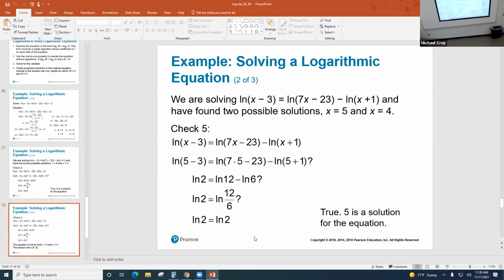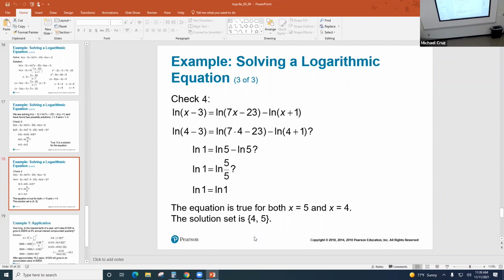Now, I'm thinking that maybe this next one, no, it does check out too. 4 minus 3 is 1. 7 times 4 is 28, minus 23 is 5. And minus ln of 4 plus 1 is 5. Then we can use the quotient rule to put these together, 5 divided by 5, because it's the same base. 5 divided by 5 is 1, on both sides.